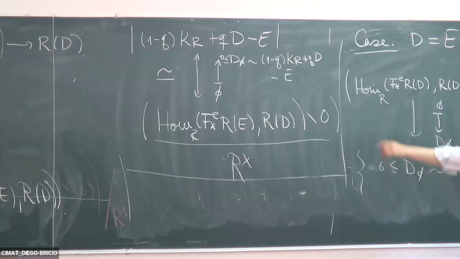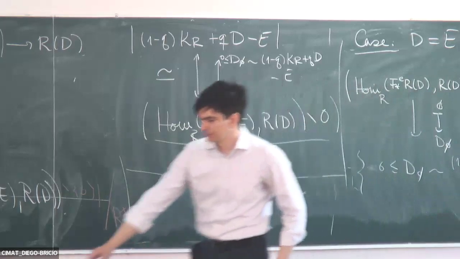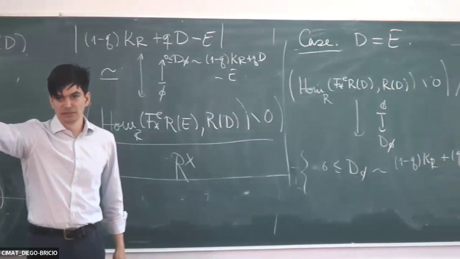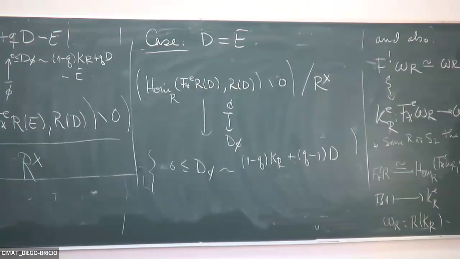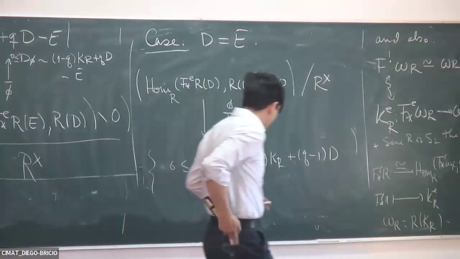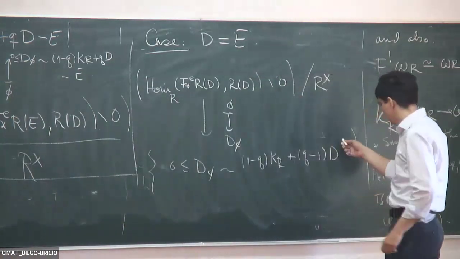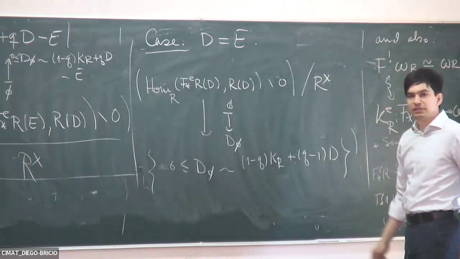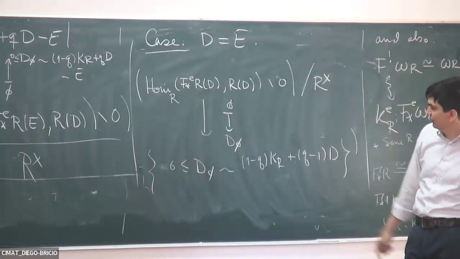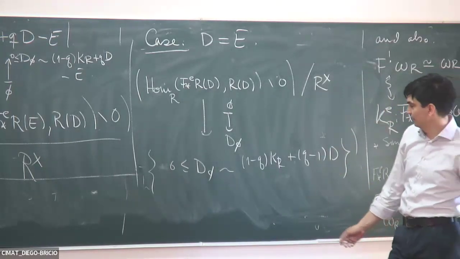Plus, let's say minus, or what is the right thing to say, I guess, plus q minus 1 d. Again, sorry, people of Zoom. Right? Did I do the math correctly? We get that, right?